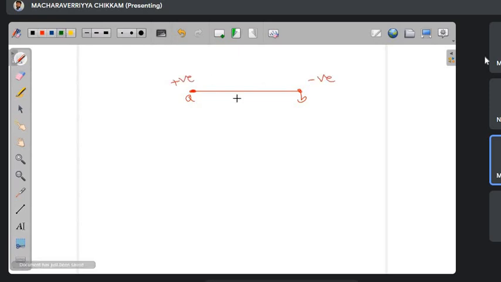But what happened is one root is here, another root is here. There are actually two roots in the interval. So when you bisect it, what happens? Definitely either it is positive or negative; one should come.